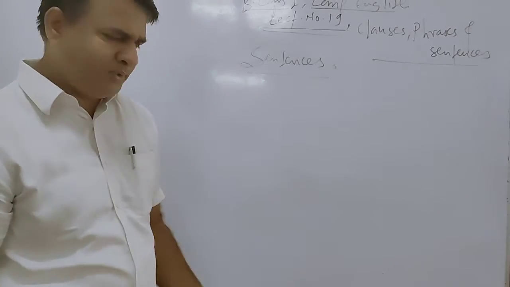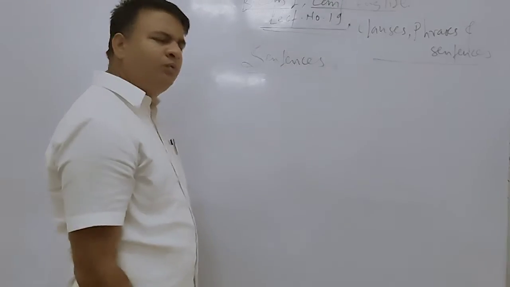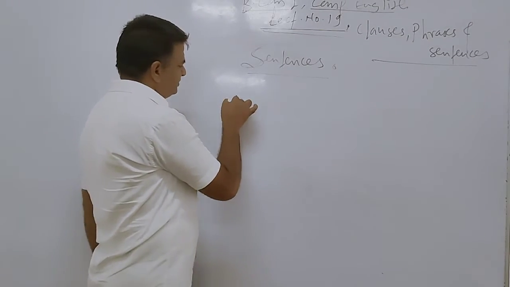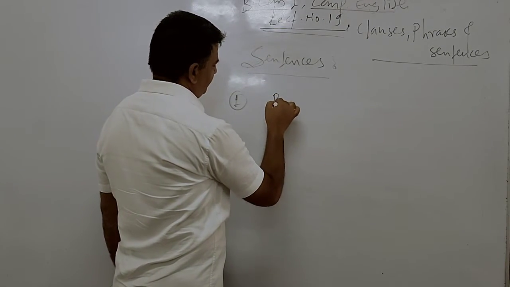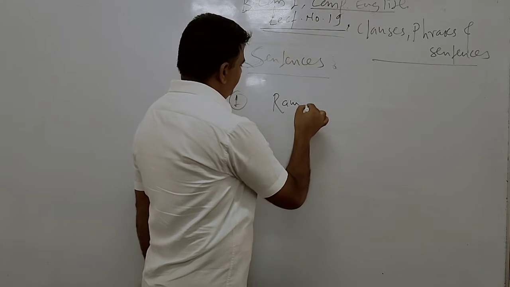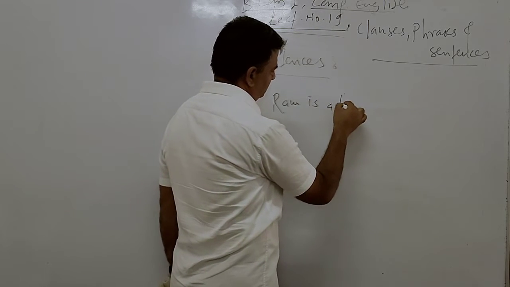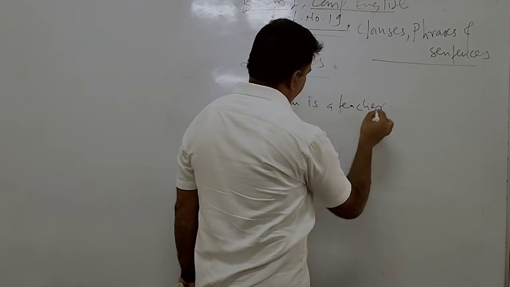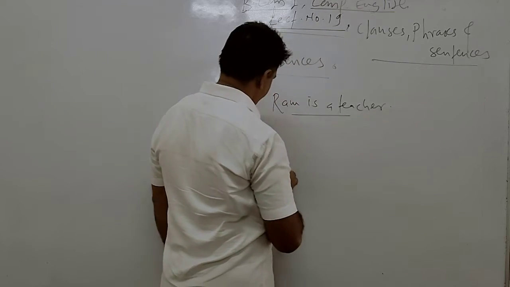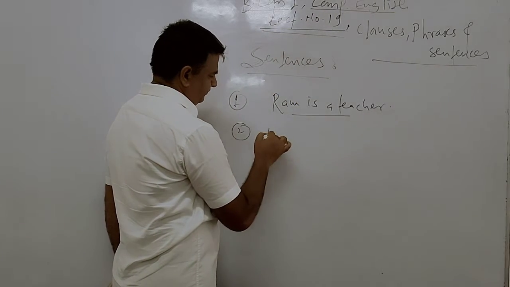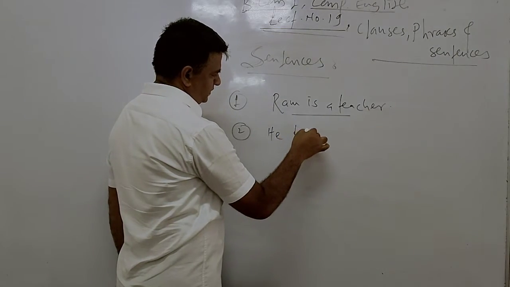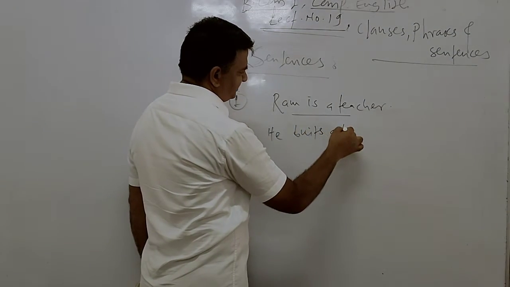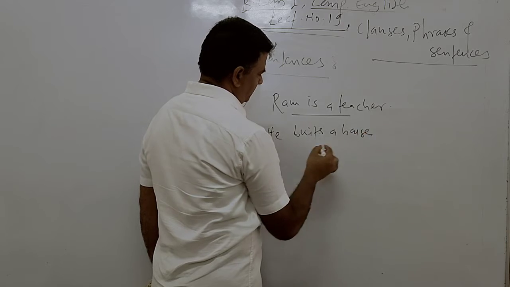For example, we have some examples. Which category do they come into? We simply say: Ram is a teacher. He builds a house.